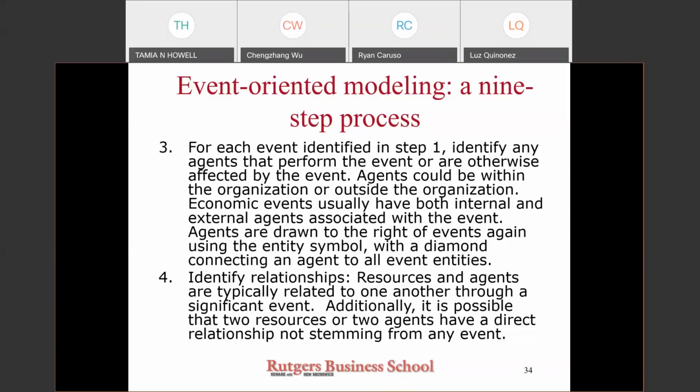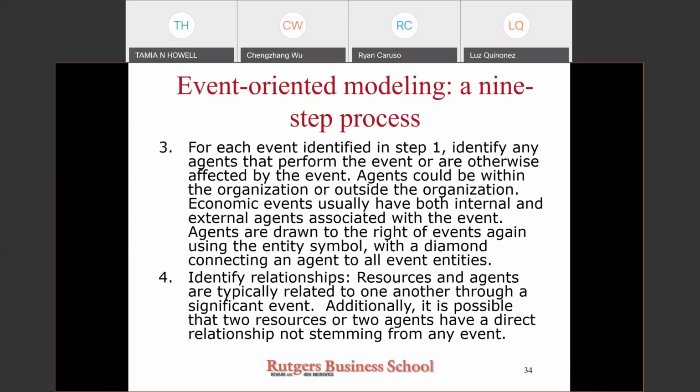As each related agent is identified, it is useful to come up with a label that is descriptive of the relationship between the agents and the events. This label should be used for the relationship symbol between the agents and the events in the ER diagram.